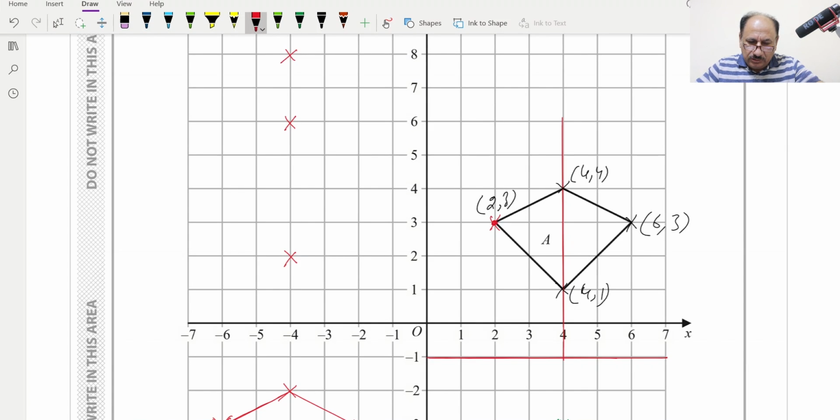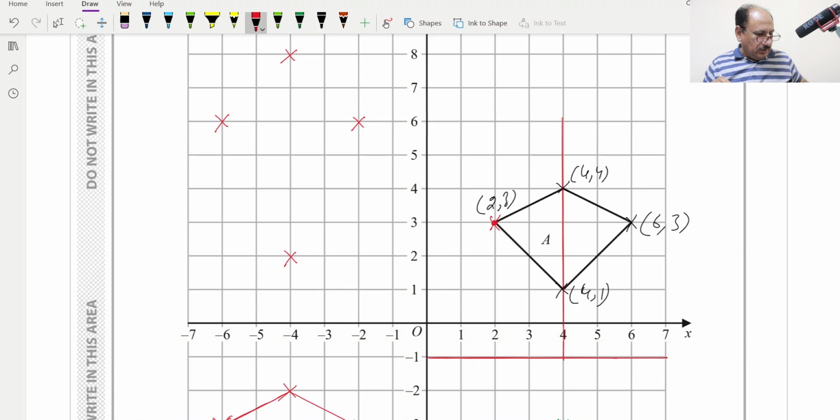Basically minus 6 and 6, this point is wrong. First point was minus 4 and 2, which is correct. The next point is minus 6 and 6. So minus 6 and 6 is this point, and minus 4 and 8 is this point which we have drawn, and minus 2 and 6 is this point.